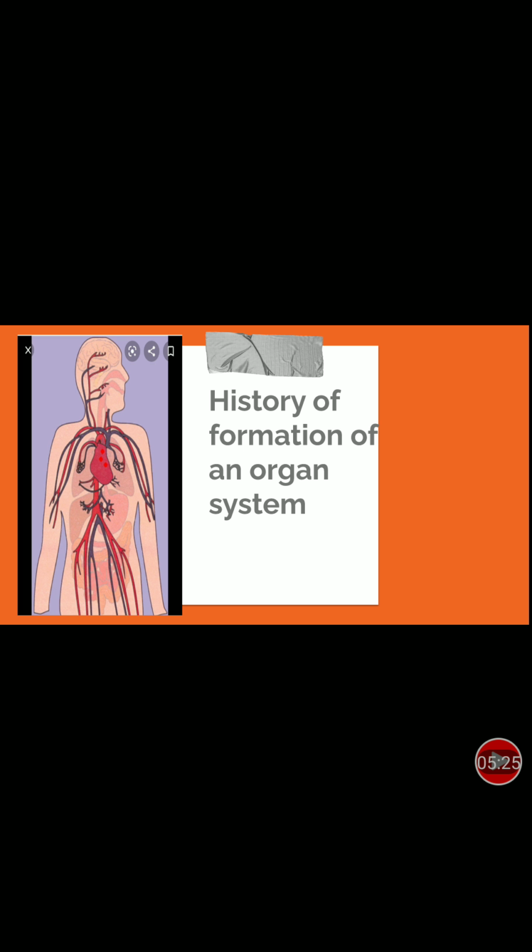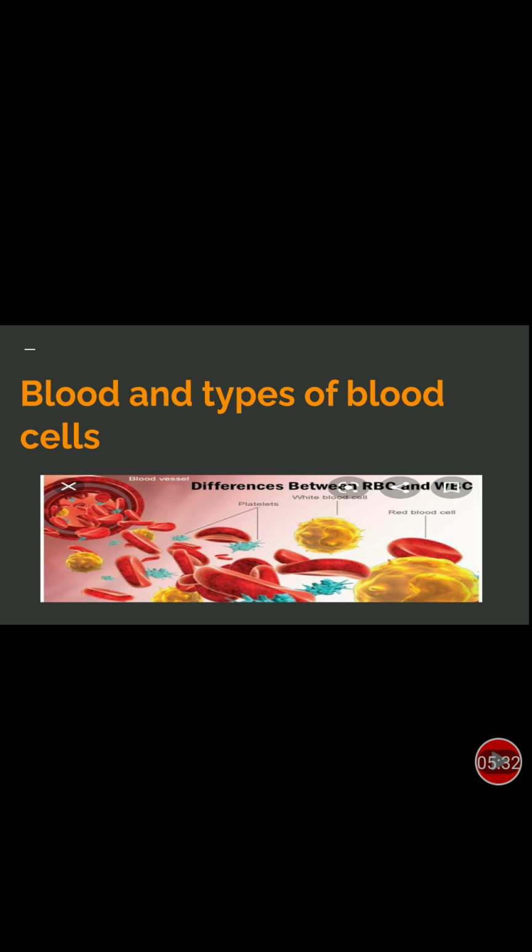The third type is platelets. This helps in clotting of the blood. Please, I'll repeat that. The clot is formed because of the presence of the third type of cells in the blood. When you get any injury, blood comes out from the cut.